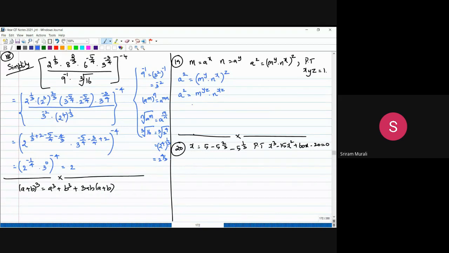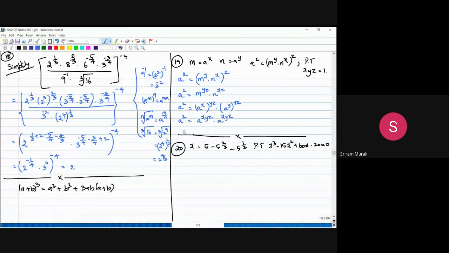What is m? M is a power x, the whole power yz. What is n? A power y, the whole power xz. That is equal to a square. So a square is equal to a power xyz. This is also a power xyz.